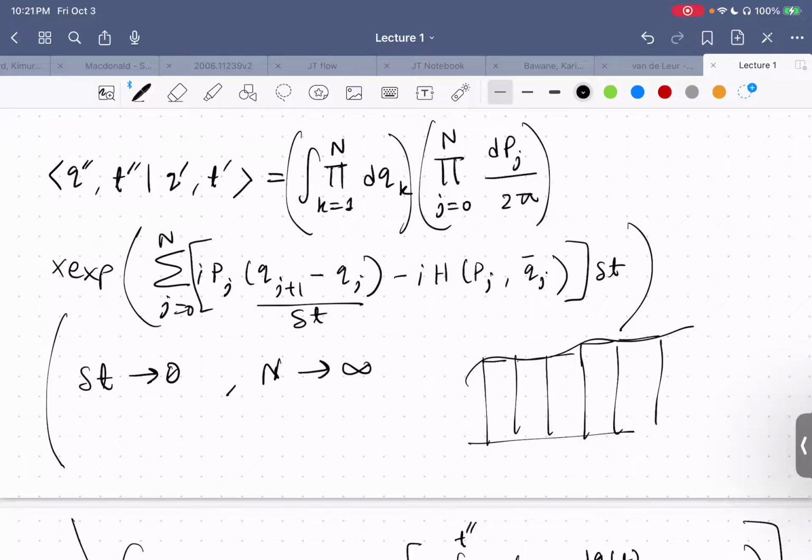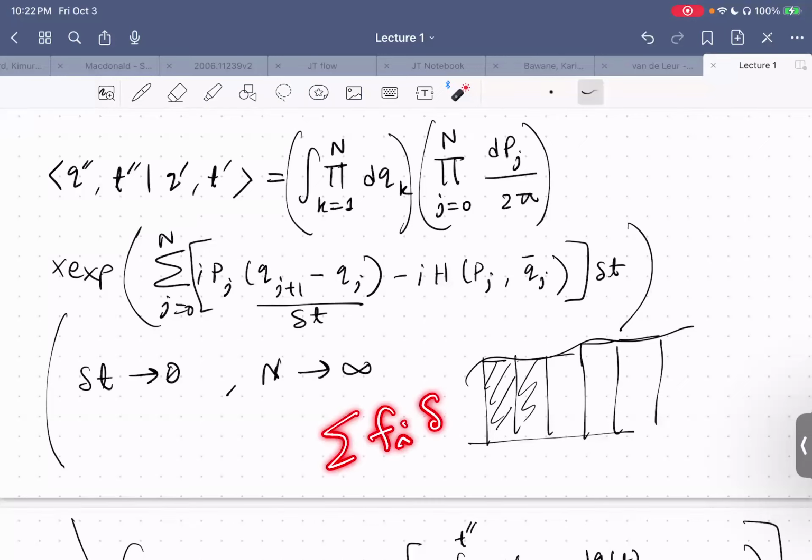approximate the area under the curve by rectangles, and then you sum over these areas, right? So the area here is f at i times delta. So you have a sum over f_i delta, and then take the delta goes to 0 limit, at which point this becomes integration over dx. It's exactly the same, but it's taking place for two variables, q and p.